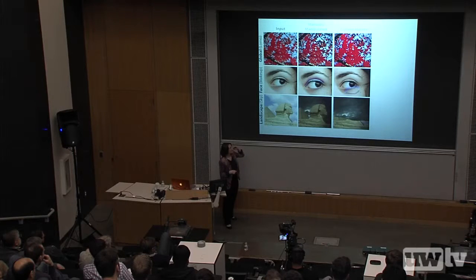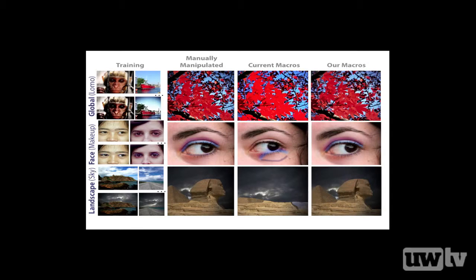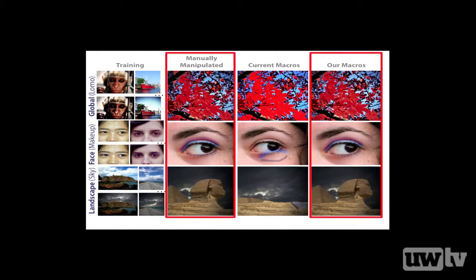But in all 3 categories, current Photoshop macros fail to properly adapt to the content of the image. The leaves are way too bright, the makeup is in the wrong position, and now the Sphinx had its entire head cut off. But if given a small set of training examples, our content adaptive macros can properly transfer the manipulation in all 3 classes. Our results now look very much like the ground truth images.